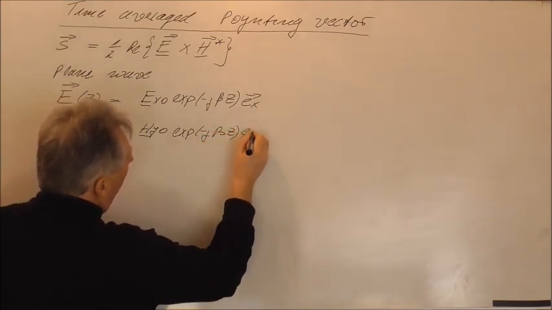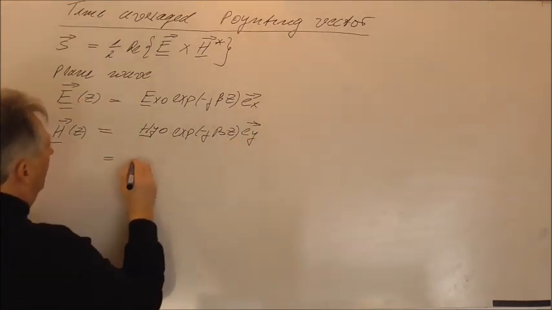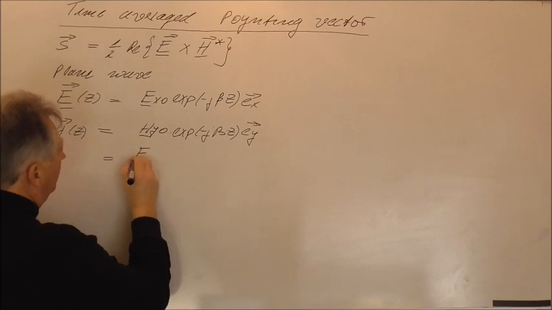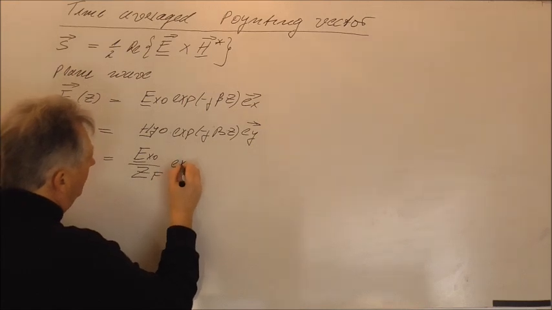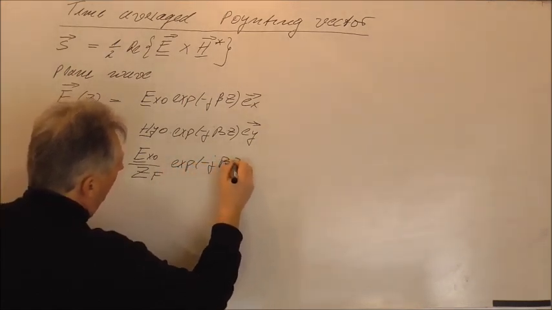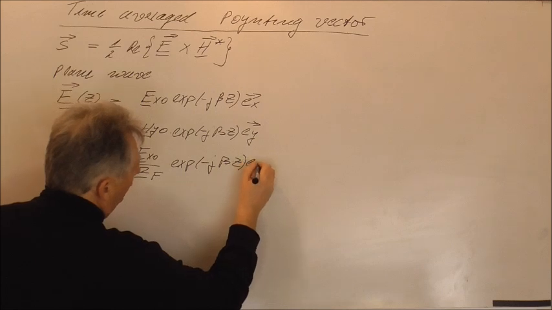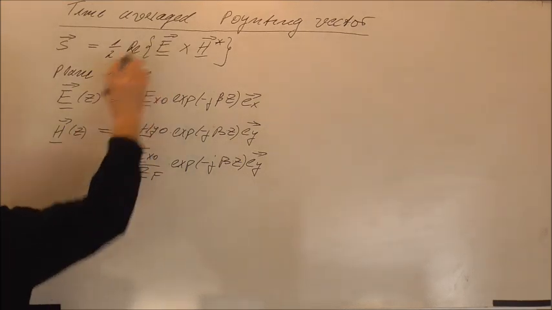But here we will have the y direction, and of course this constant can also be rewritten as Ex naught divided by the field impedance Zf times the exponential function of minus j beta times z times Ey.